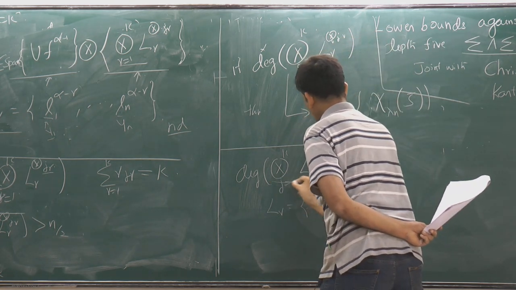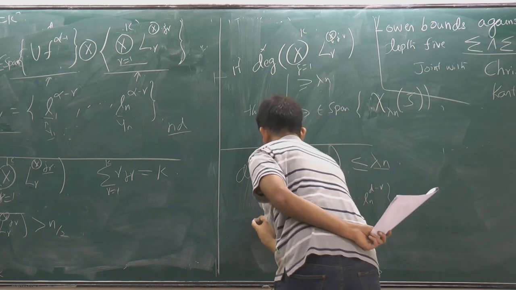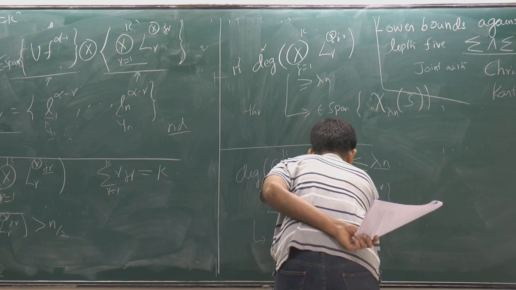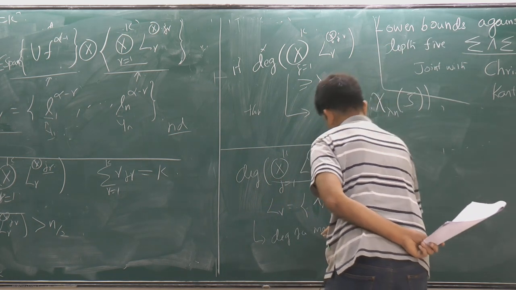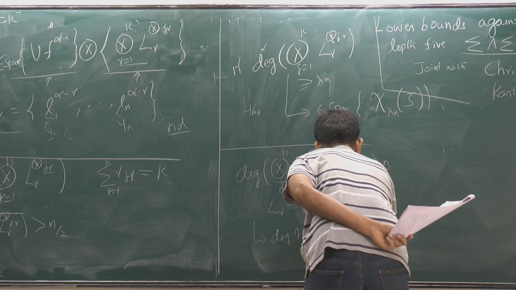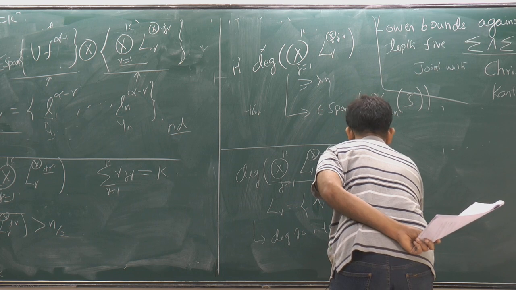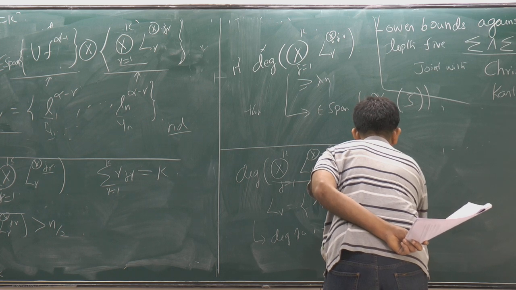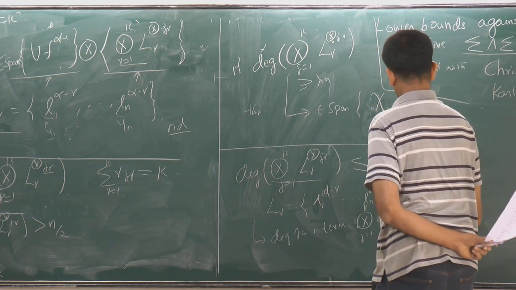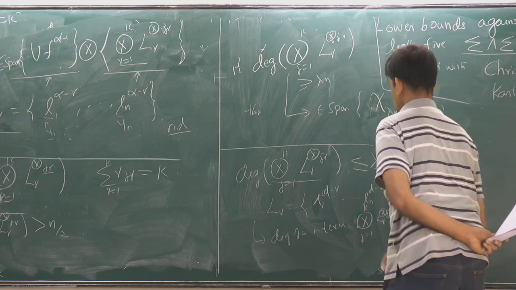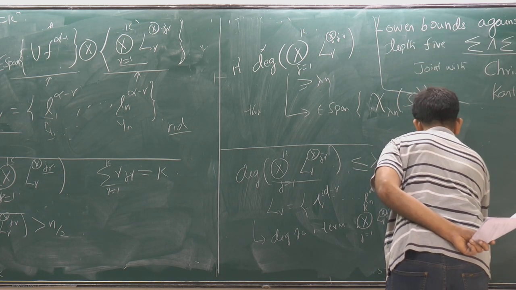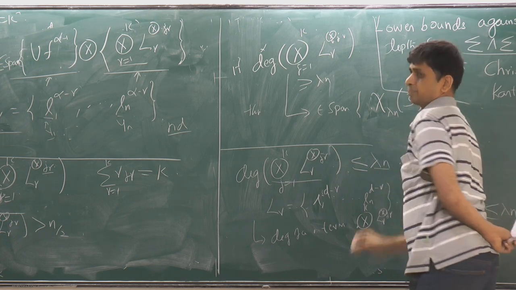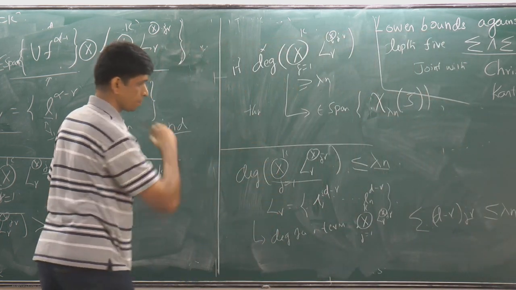So if I look at any term, the product over j equal to 1 to k of L_r tensor J_r will have degree summation of d minus r times J_r, which I know is at most lambda.